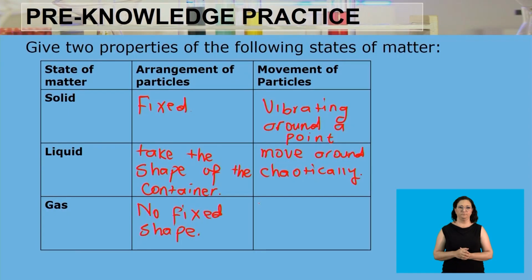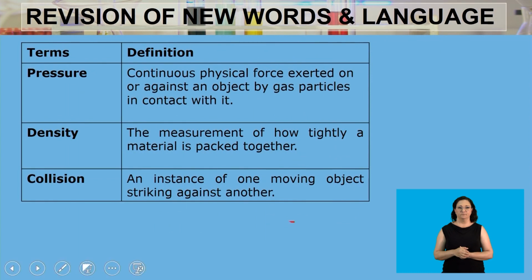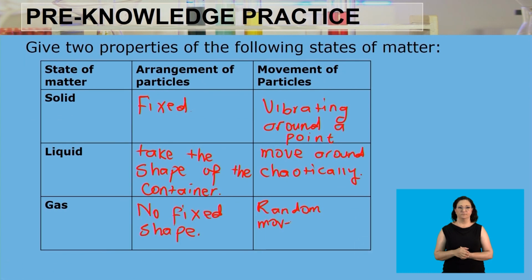Now, what about the movement of particles? So the movement of gas particles, it is random. So it's a random movement. So that means they move around.